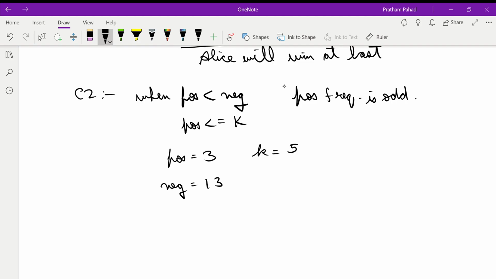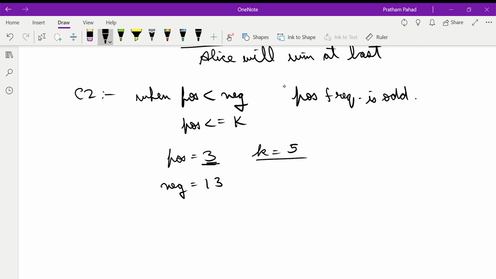Now Alice will exhaust all these positive values in the answer. Yes or no? Positives will exhaust part of k, and we will be left with some k, because we will only be able to use 3 positives out of 5. 2 will still be remaining.